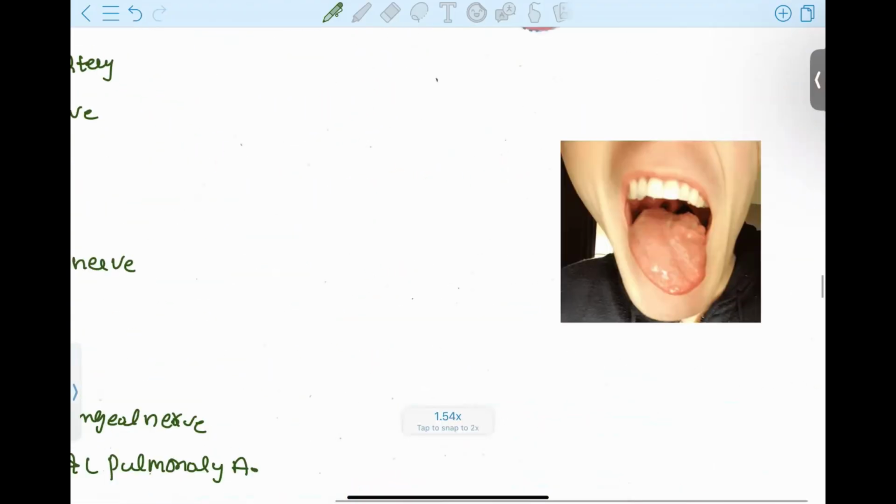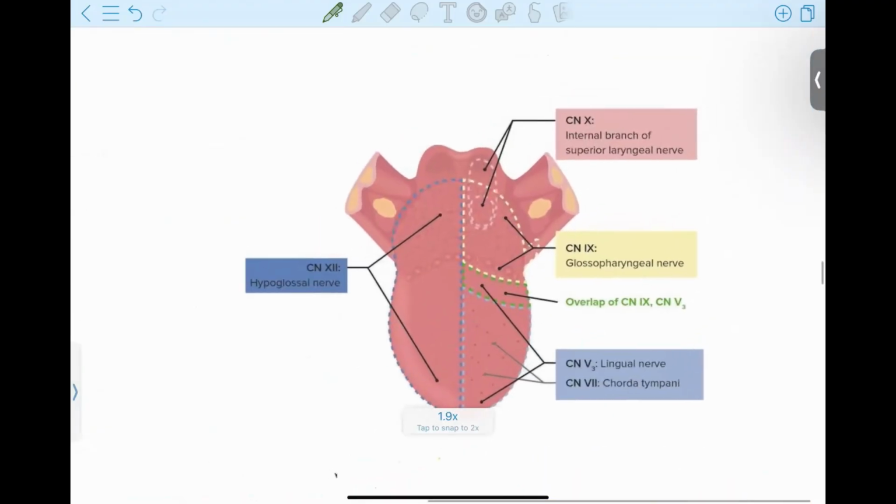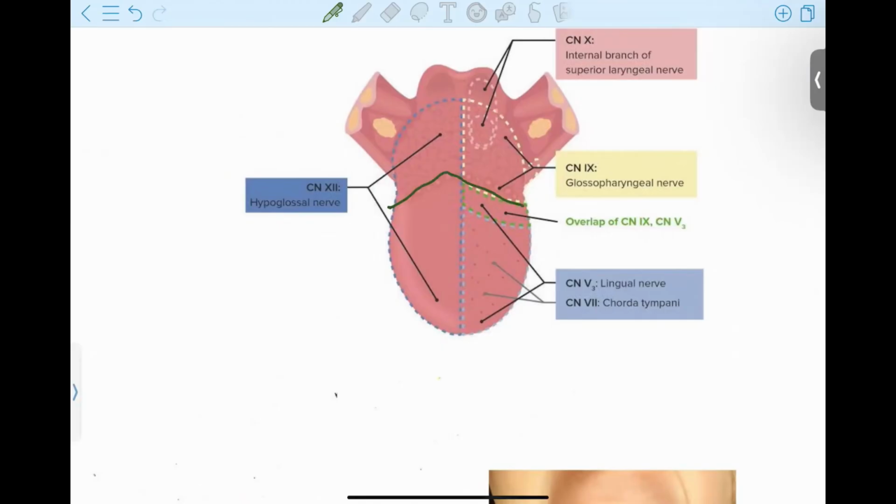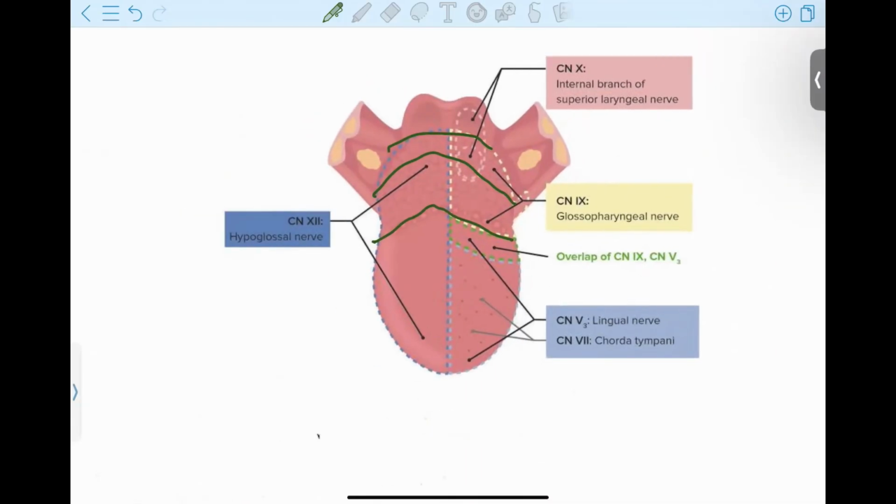Okay, next moving on to the nerve supply of the tongue. The tongue is divided into the anterior two-thirds, the posterior one-third, and the base. This is how they are differentiated. So the motor nerve supply: usually the motor nerve supply is the hypoglossal and the vagus nerve.